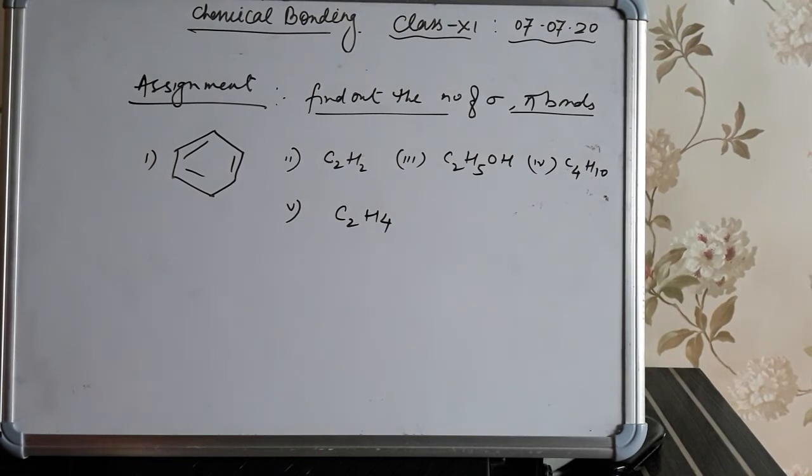So find out the number of sigma and pi bonds present in the given molecules.